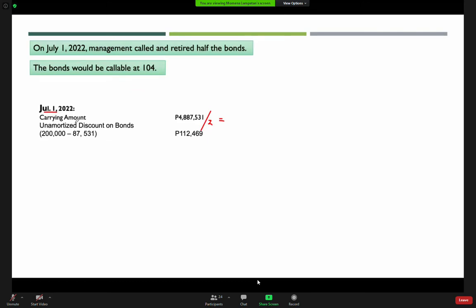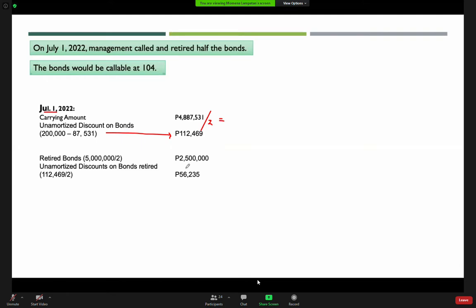So, yun, ni-retire niya yung kalahati. Other way of determining, ito yung remaining balance ng ating unamortized discount. Okay, so bakit ko nilagay yan dyan? Kasi other way of determining the carrying value is you have your face value less the unamortized discount.